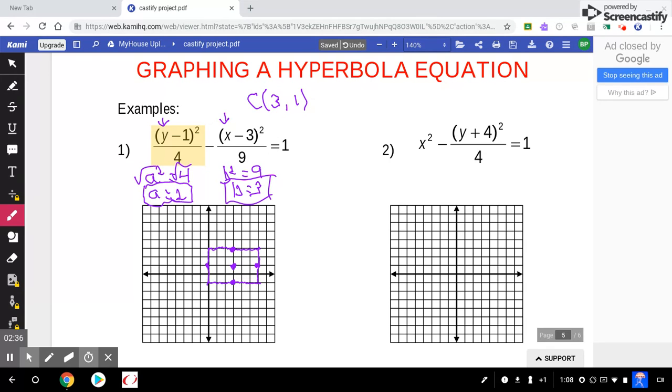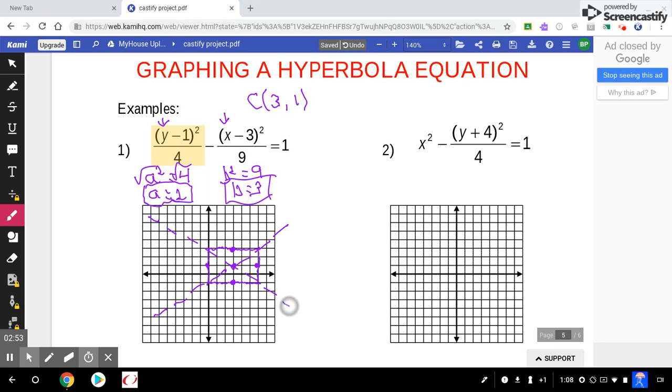So essentially all you need to do to create the asymptotes is to draw your asymptotes, or dashed lines, right through the corners of the box.